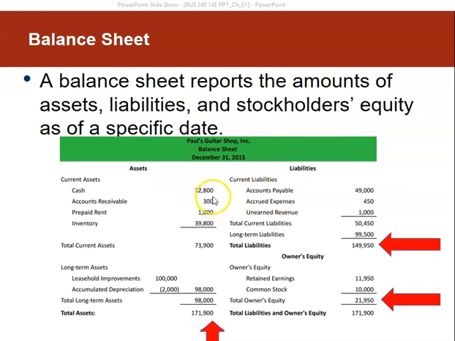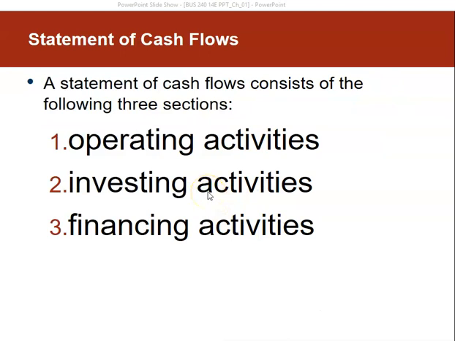We don't know. So when we think about the statement of cash flows, what we're essentially trying to do is say, okay, how is a company using cash and how are they getting cash? There's a huge difference between getting cash through the normal operations of your business and going to the bank and borrowing a whole bunch of money.